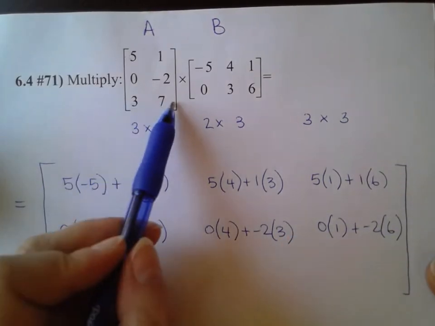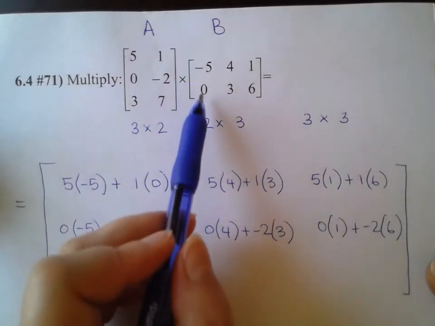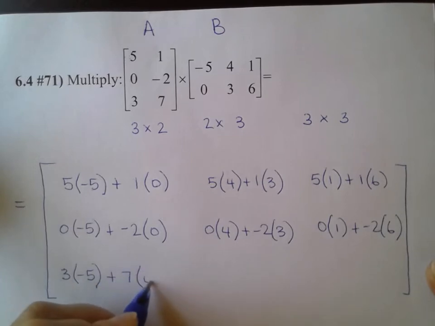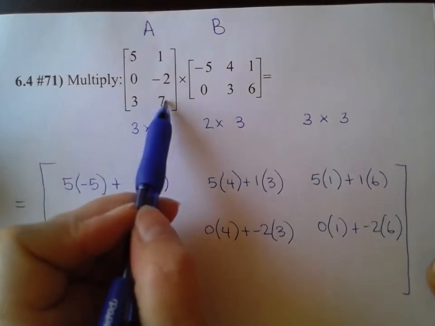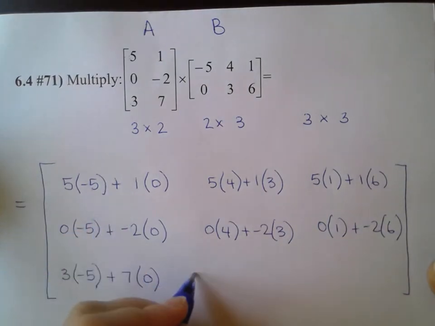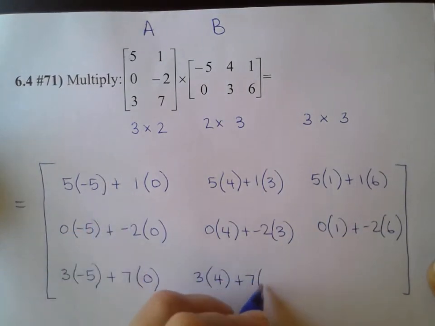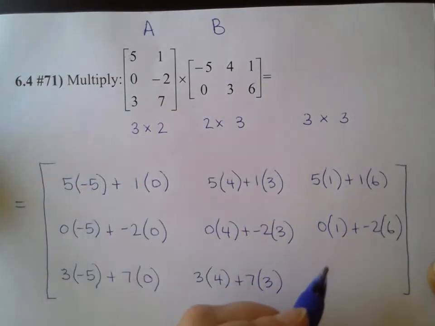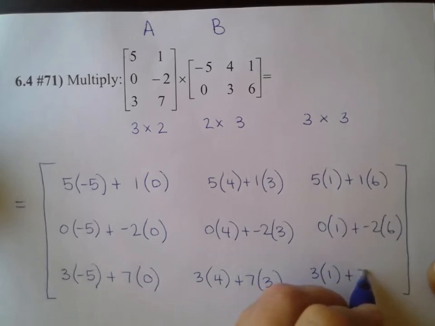Okay, and then we'll do the third row. Third row times first column, 3 times negative 5 plus 7 times 0. Third row times second column, 3 times 4 plus 7 times 3. Third row times third column, 3 times 1 plus 7 times 6.